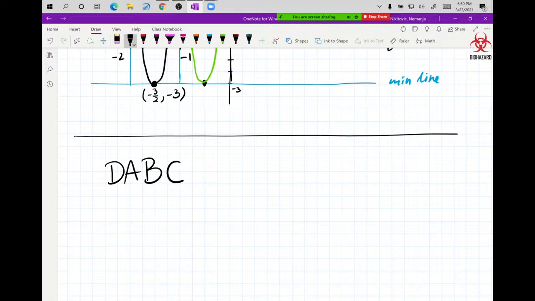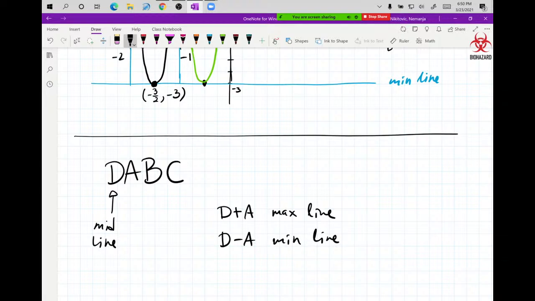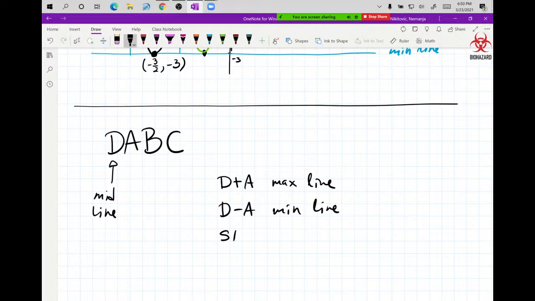D, that's going to be your midline. Then D plus A, max line. D minus A, min line, minimum line. Start point is the argument, which is the stuff in the parenthesis, equal to 0.